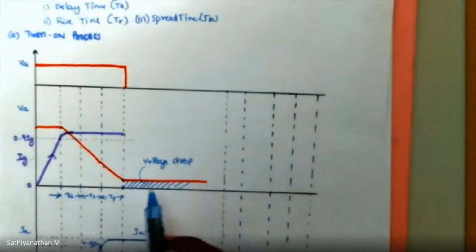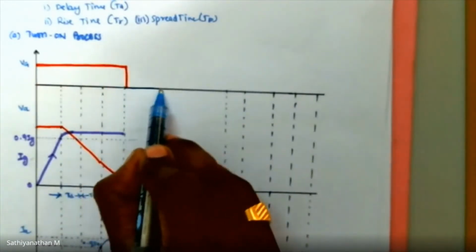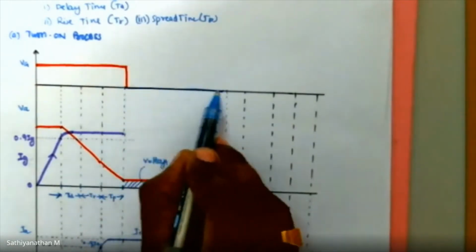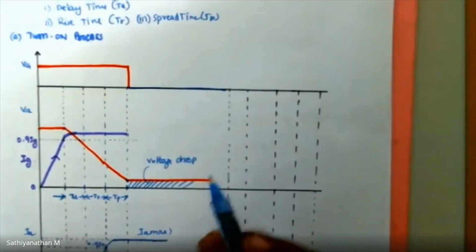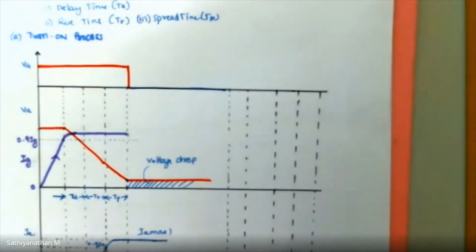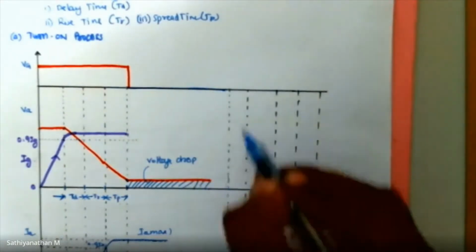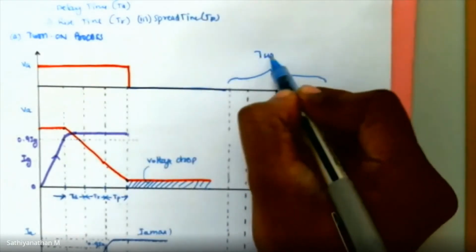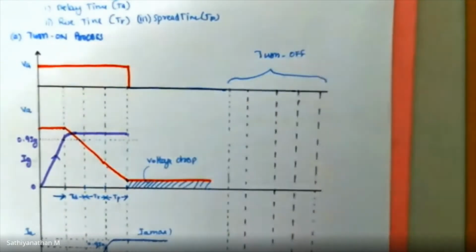After this, you are running a device for some time period. This is for an ideal case. You are running the device in on state for some time period, and we are not going to concentrate on this. We are going to concentrate on the turn off time period.